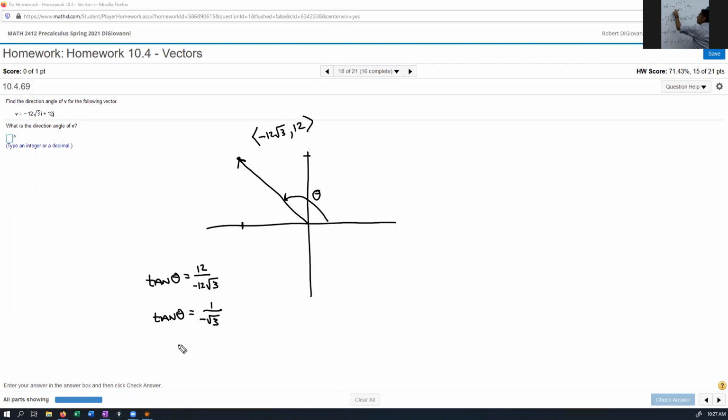And now we do inverse tangent on both sides. We have to get our calculators out to do that. I'm in degree mode on my calculator. I'm going to do the inverse tangent of 1 divided by the square root of 3, negative square root of 3, sorry.